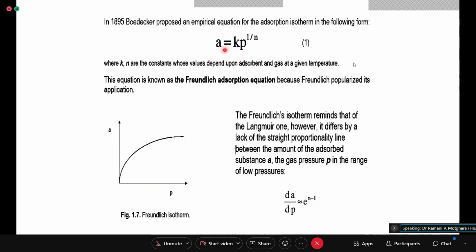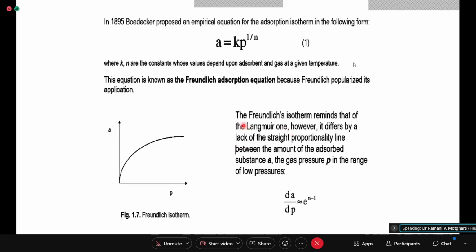X by m is equal to k p raised to 1 by n. And the biggest limitation of Freundlich was that the k and n values change with temperature, and it says that it will go on increasing, but that does not happen. It gets saturated. So these are the limitations of the Freundlich adsorption isotherm.